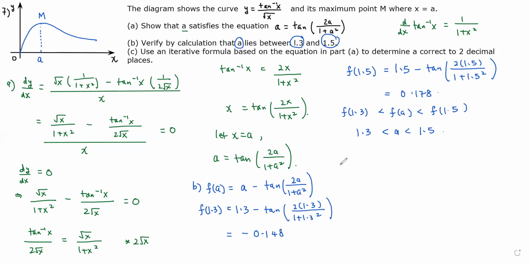Part C, we need to use an iterative formula based on the equation in part A to determine A correct to 2 decimal places. To do that, we can let A sub n plus 1 be tangent of 2 A sub n over 1 plus A sub n squared.